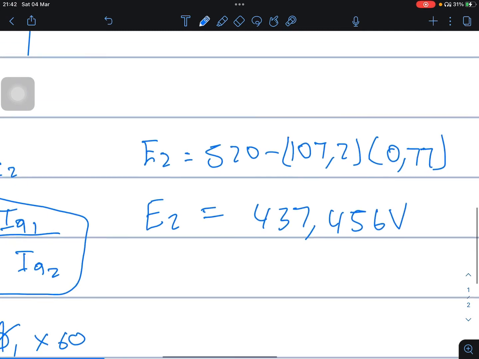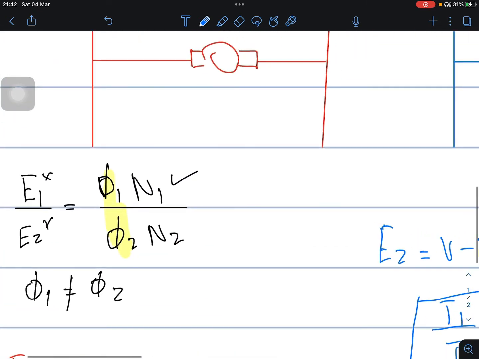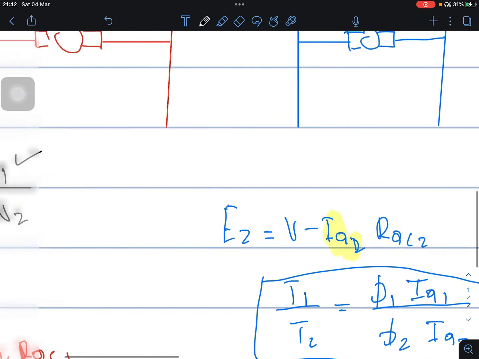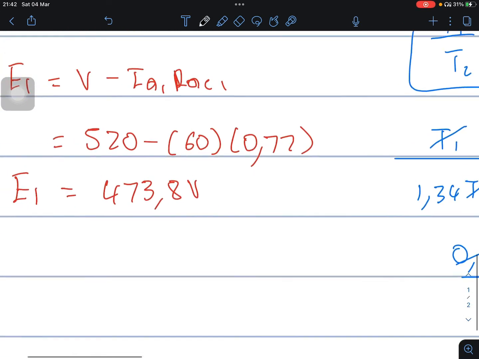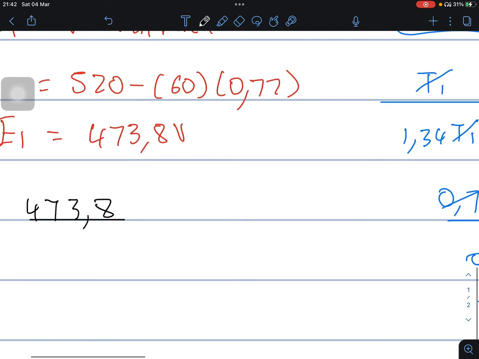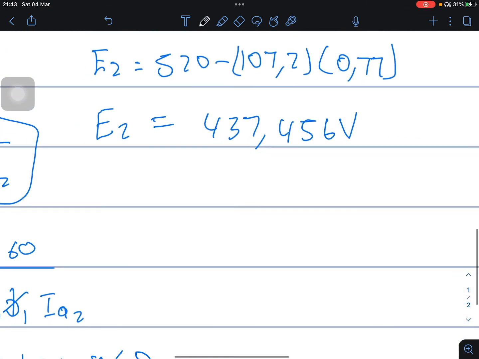437.456 volts. Now that we got E2, if we go back, we can basically determine its speed now, N2. E1 we have calculated: E1 is 473.8 over E2, which is 437.456.